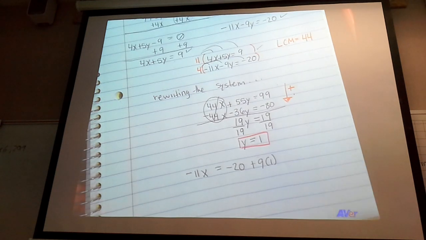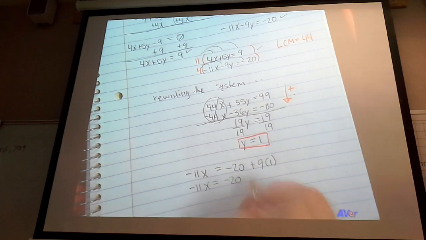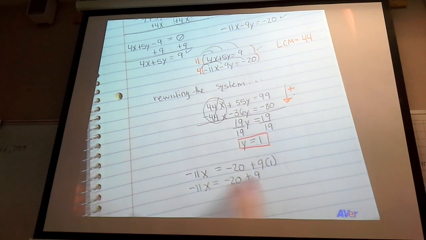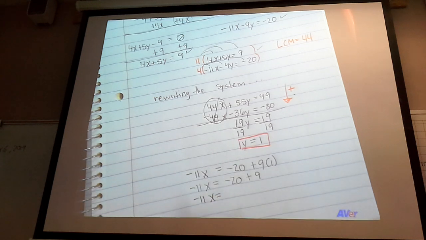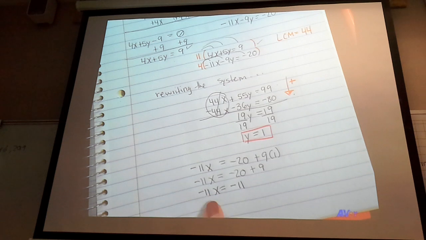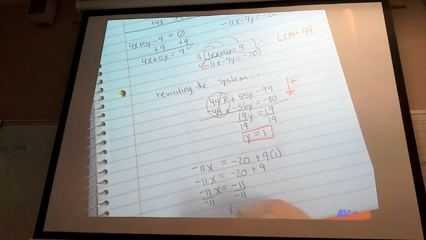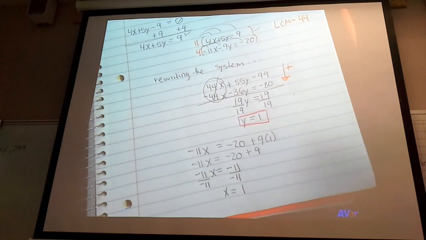And find out what x equals. 9 times 1 is 9. So I have to combine terms. This turns out to be negative 11. And if I divide both sides by negative 11, x equals a positive 1.